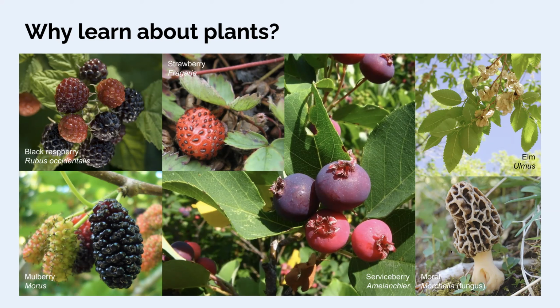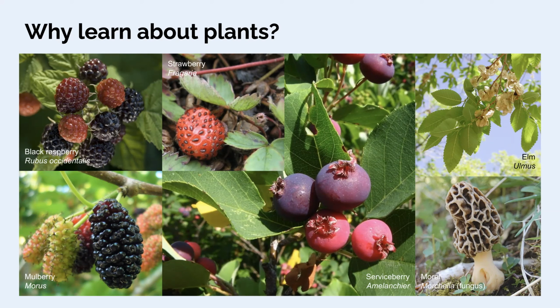I find there's not always the most crystal clear advice about this, but some conventional wisdom says that you can find morels in forests that have a large elm presence. So it comes back to the plants here. If you maybe know the plants that your fungus needs to live, you can identify those.